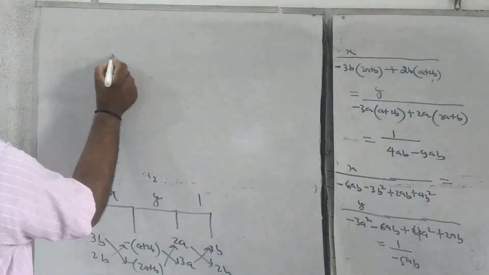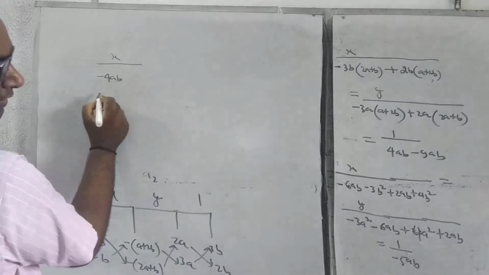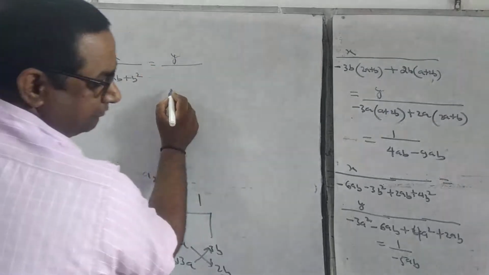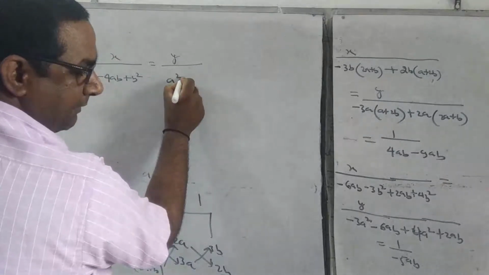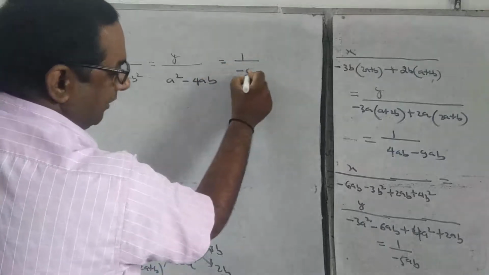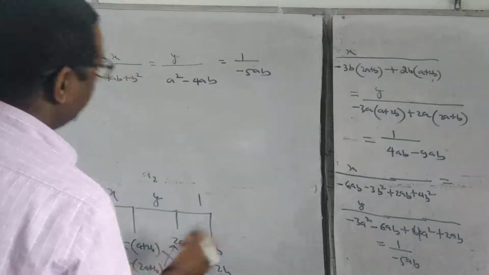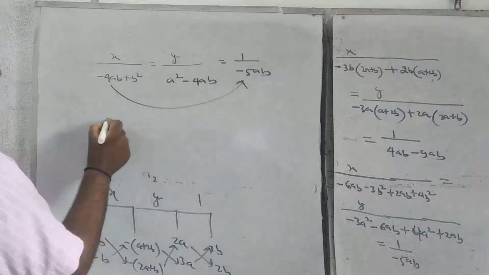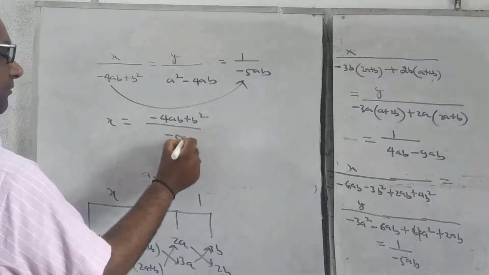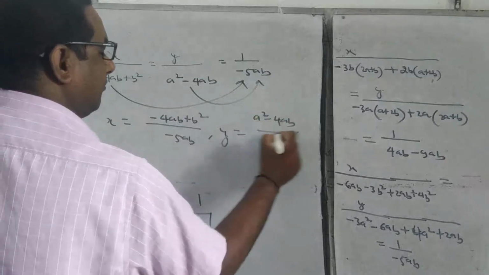Again x upon, I think, minus 4ab and then plus b square, y upon a square and minus 4ab, and this is equal to 1 by minus 5ab. So if you equate this one, x is equal to (minus 4ab plus b square) upon minus 5ab, and y is equal to, if you equate this one, (a square minus 4ab) upon minus 5.